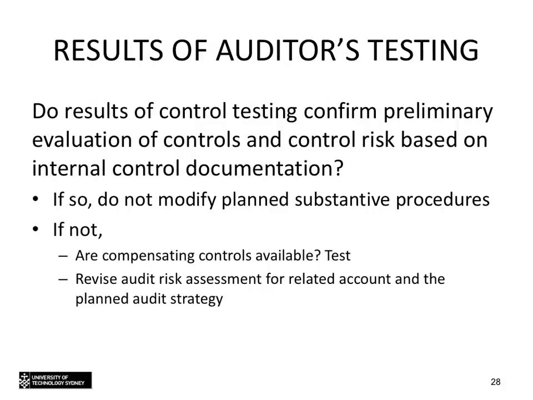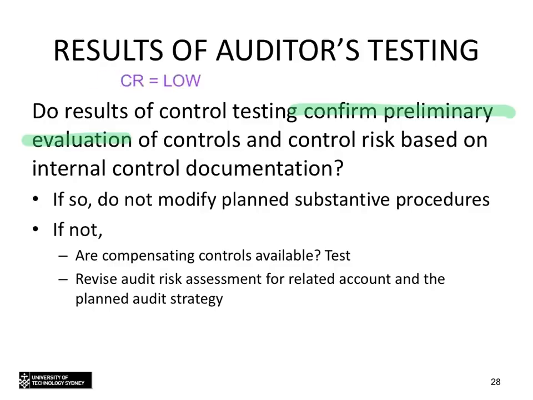All right, now this is key, results. My question for my results is, do the results confirm my preliminary evaluation? Let's say that up here I decided control risk is low.